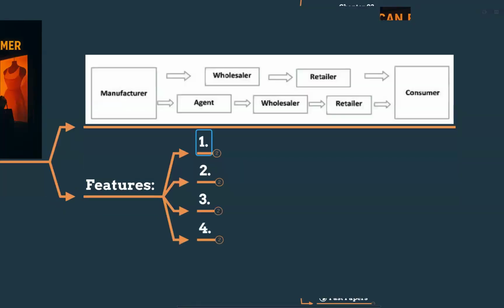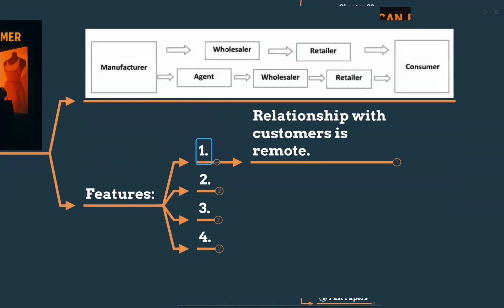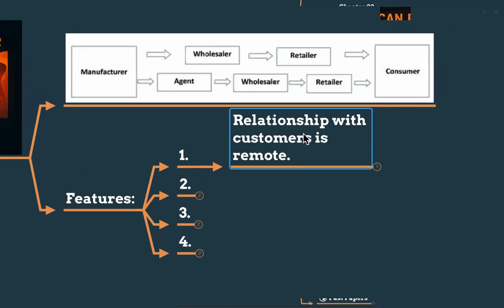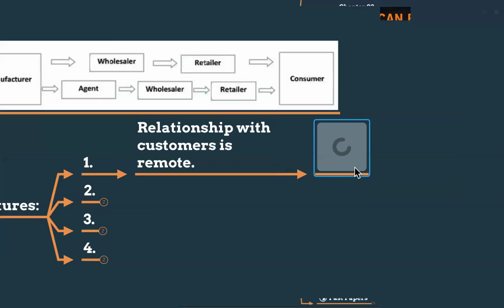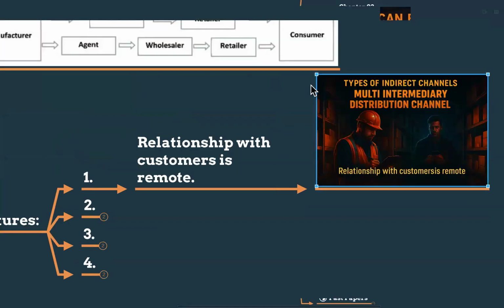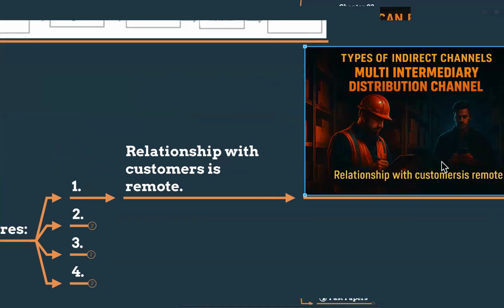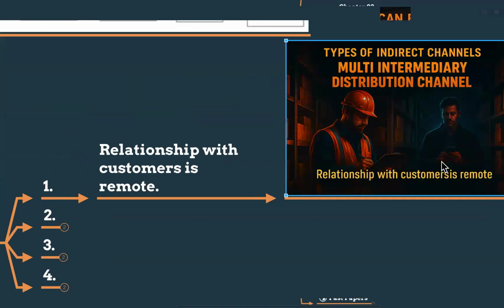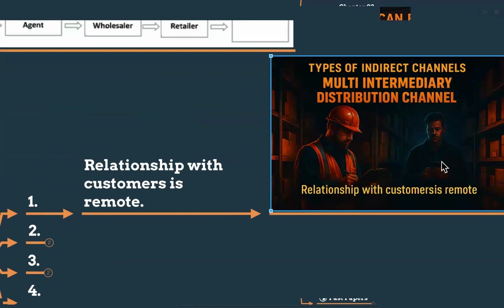So what are the features of the multi-intermediary channels? It means multiple middlemen are involved in getting the products to the consumer, right? Feature one is that the relationship with the customer is remote. Remote means it's far away, right? Even customers don't know where it is coming from.